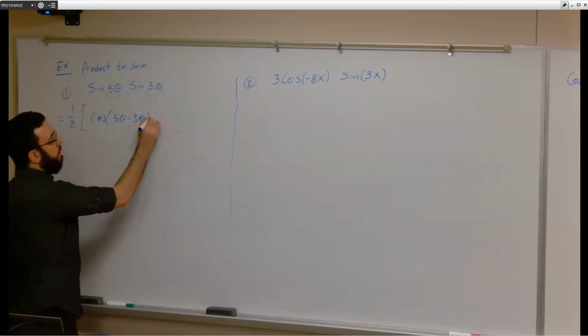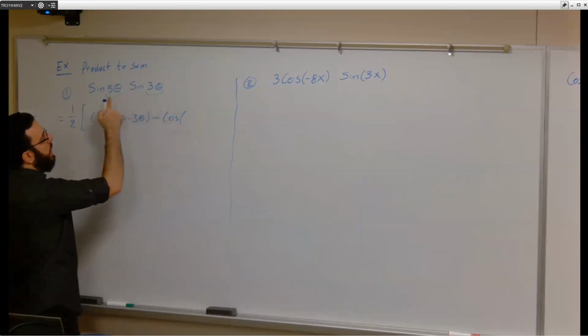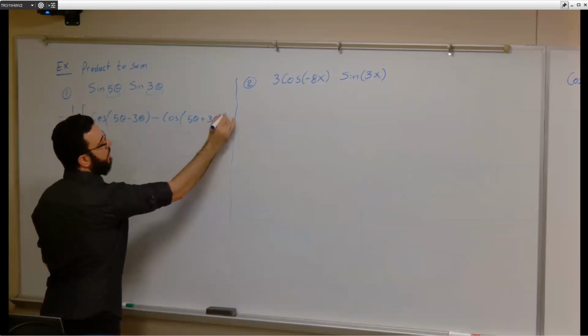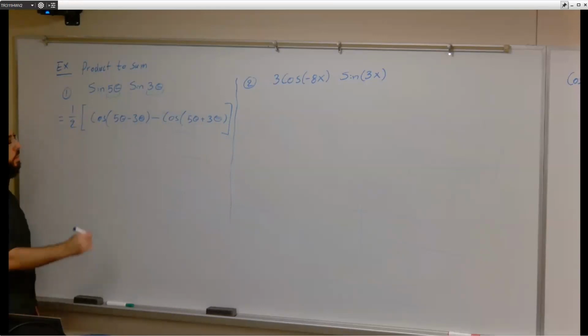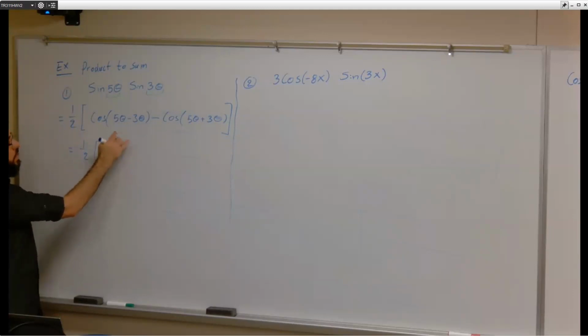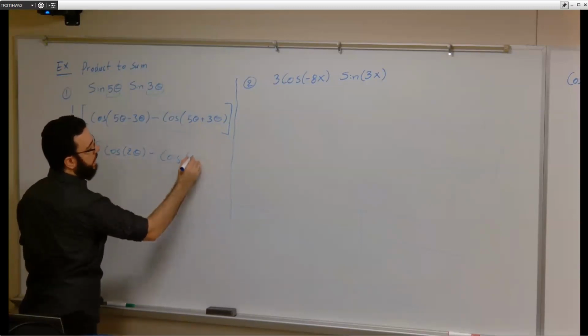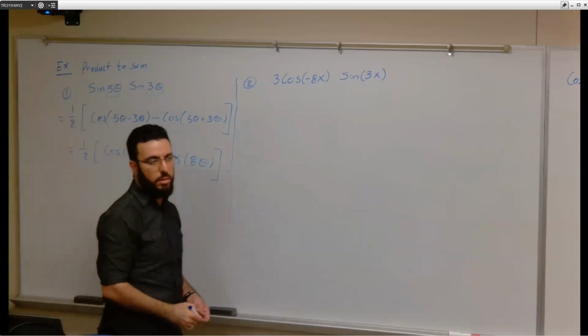What's the sign here? Minus. Then it says cosine U plus V, that means 5 theta plus 3 theta. Is that hard to use? Equal 1/2 cosine 5 theta minus 3 theta, 2 theta, minus cosine 5 theta plus 3 theta. That's it.